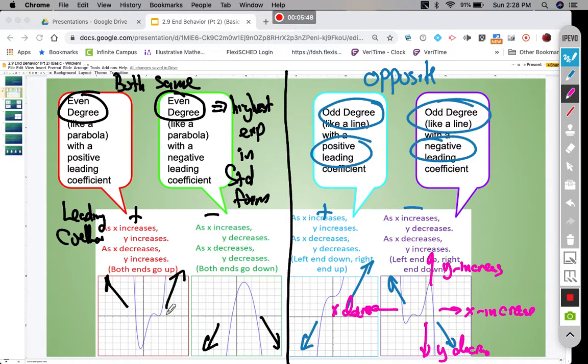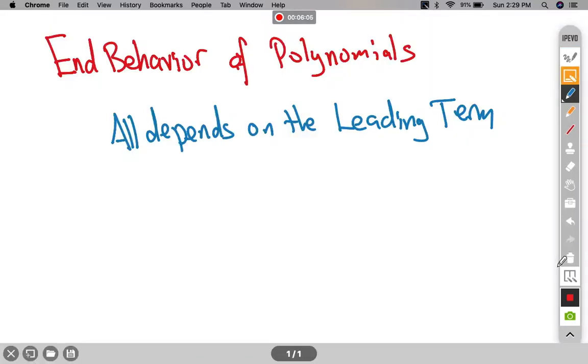Every polynomial will have one of these four. And it all depends on the degree, even or odd. It depends on the leading coefficient, positive or negative. So the real trick to doing end behavior is figuring out what the leading term is.